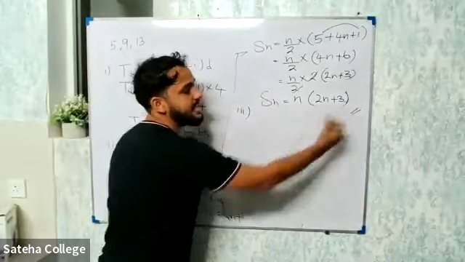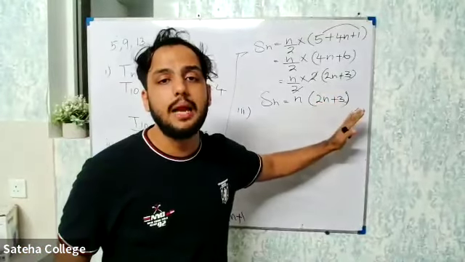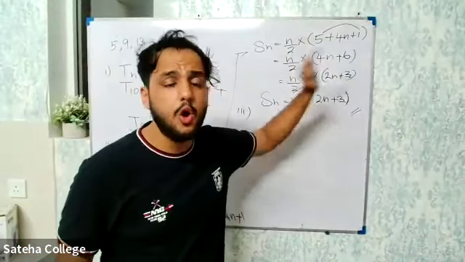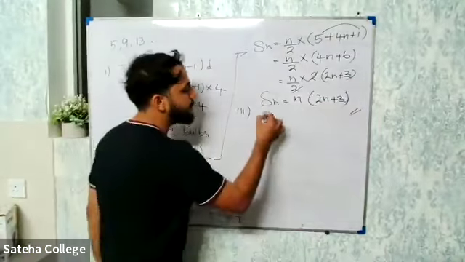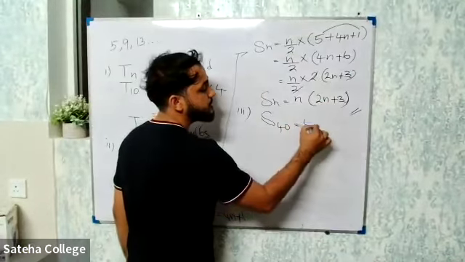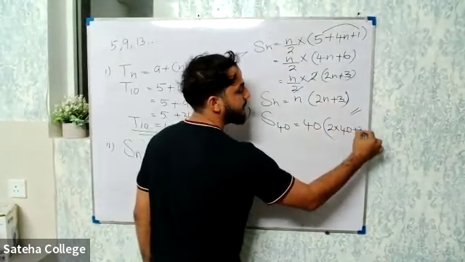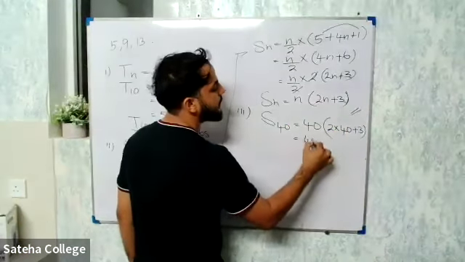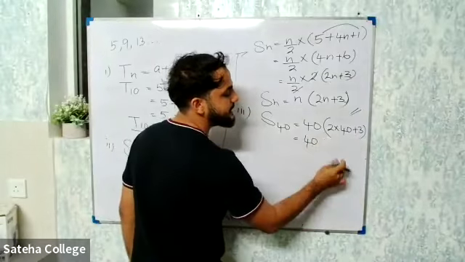Now we have already derived the Sn formula, right? We have substituted for all. Only n is missing. So we know n is equal to 40. We can put the 40 there. So 40 in the bracket, 2 into 40 plus 3. 2 into 40 is 80. 80 plus 3 is 83.